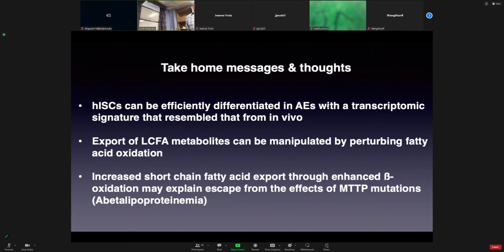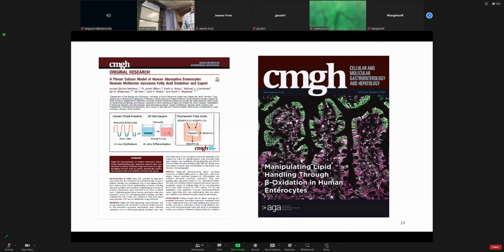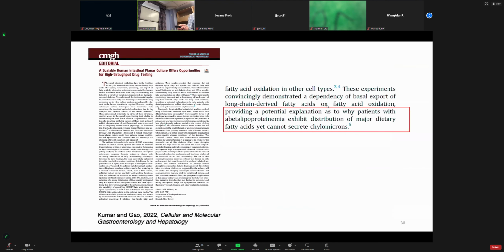Increased short-chain fatty acid export through enhanced beta oxidation may explain the escape of the effects from these MTTP mutations that people with abetalipoproteinemia might have. Still an active area of research. And this work was published a little more than a year ago now, and you'll find there's a lot more details than I have time to get into.